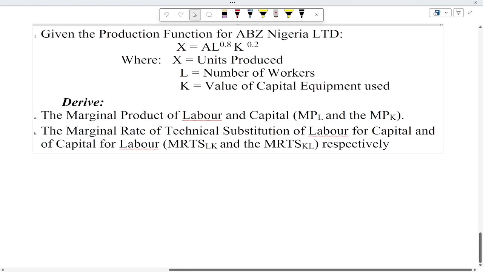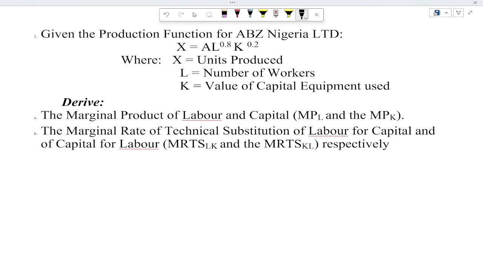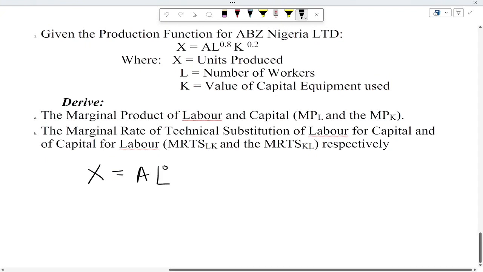What we do first, we bring down the equation, which is the main function, which is x equal to AL raised to power 0.8 K raised to power 0.2.